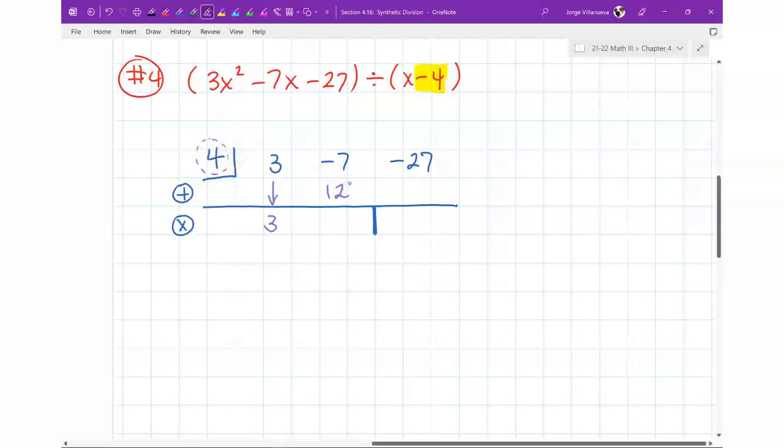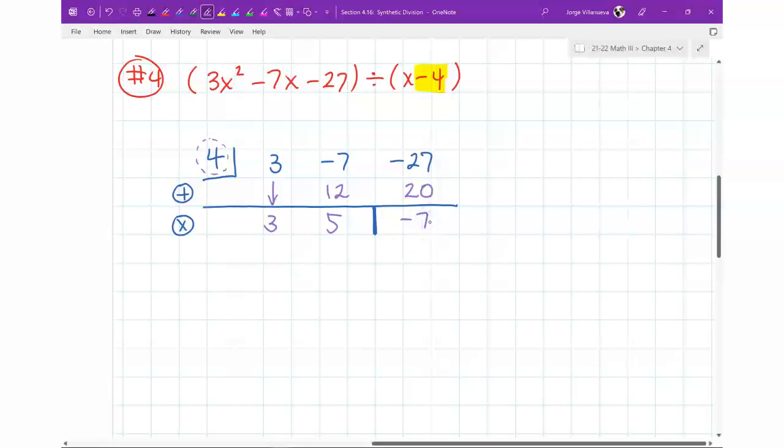And then you add, right? That line says add. Negative 7 plus 12 is 5. And then you get that 5 and you multiply it times 4 again. So 4 times 5, that's 20. And then get negative 27, add 20, you get negative 7.